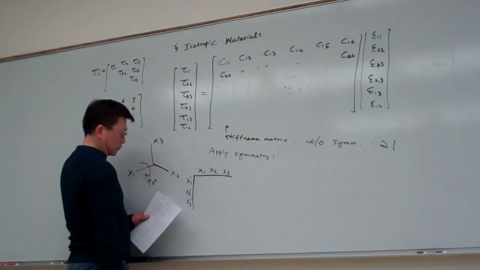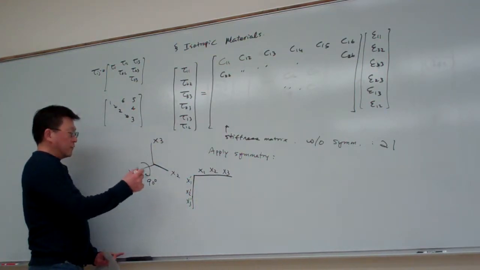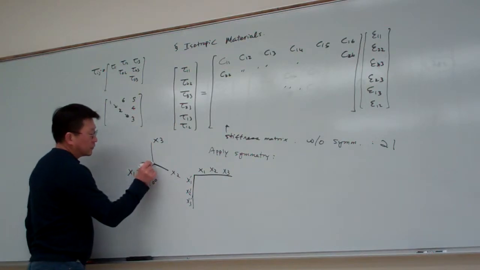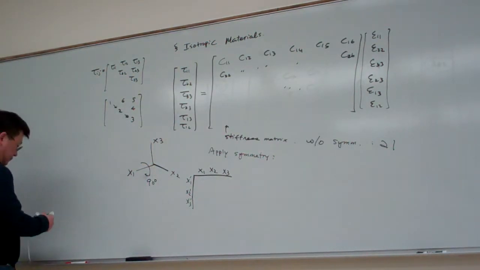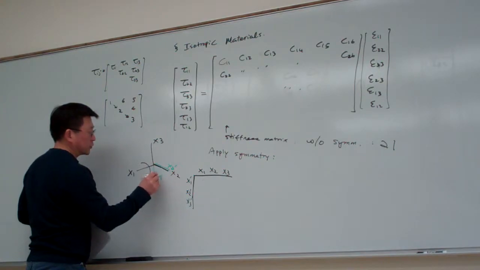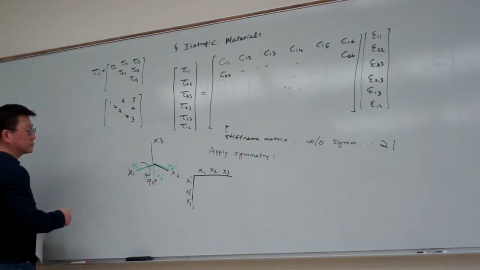That will be equal to, right now we rotate about one axis, and then from here, basically x3 is x3 prime, and then this is our x2 prime, and this is our x1 prime.